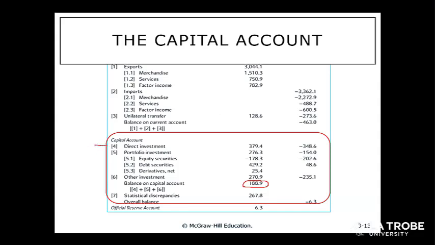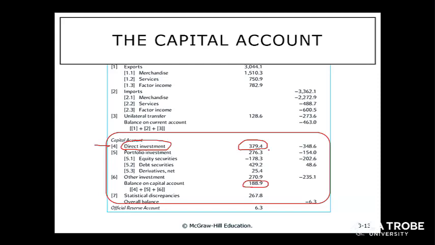So how do we read this information? For example, in terms of direct investments, these are things like when you go outside of your country and build factories or buy businesses outside, right? So that's called direct investment. This number means that there is a positive $379 billion flowing into the US, right?